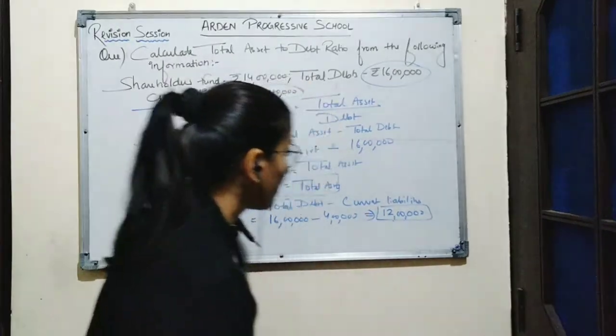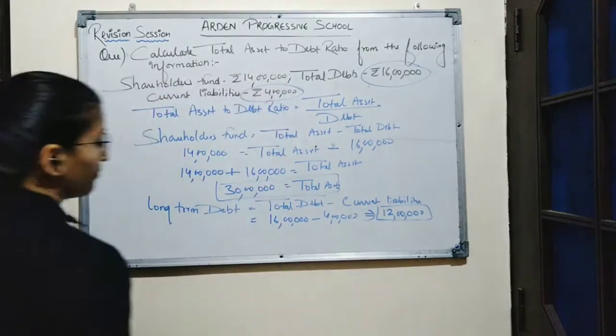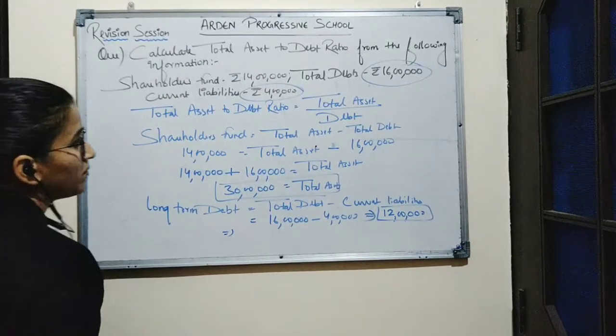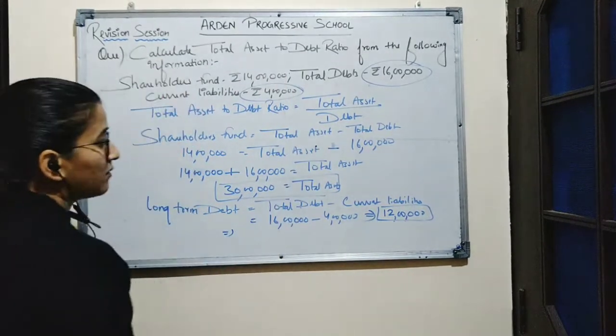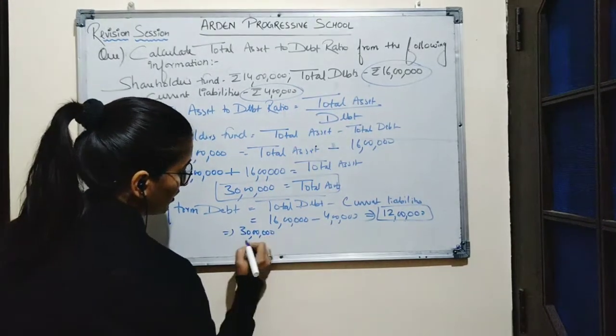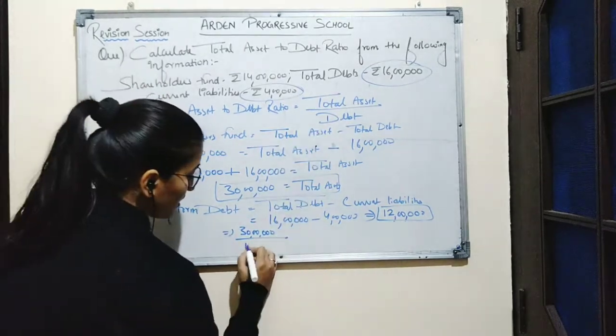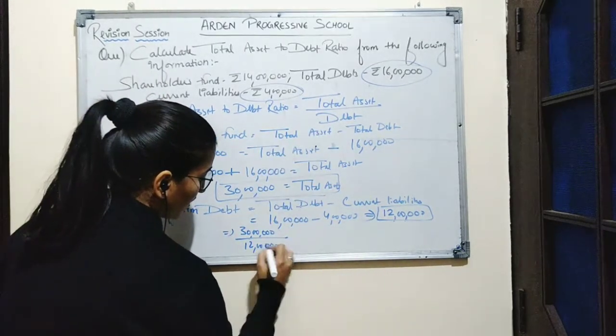So we have calculated the amount of total asset which is 30 lakh and amount of debt which is 12 lakh. Now we will put this value in the formula. According to formula, first we will write the amount of total asset which is rupees 30 lakh divided by debt amounted to rupees 12 lakh.